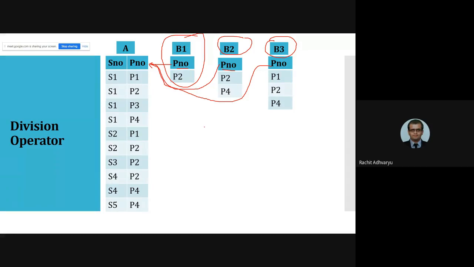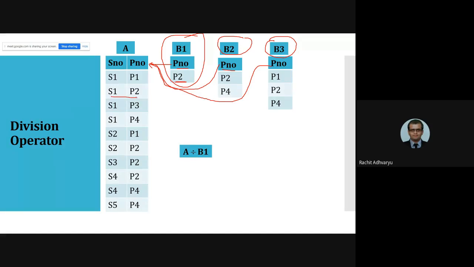Right. So what could be the first answer? I want A divided by B1. Let us see. What it is saying is that, first of all, PNO is available, so we are not going to consider the columns. We are now focusing on the values, that is P2. So first we need to find out which tuples have P2.